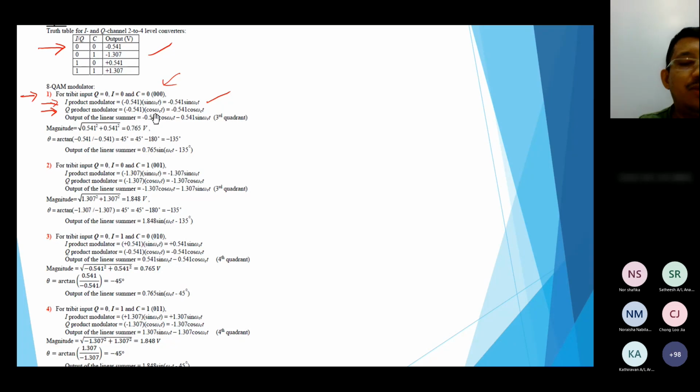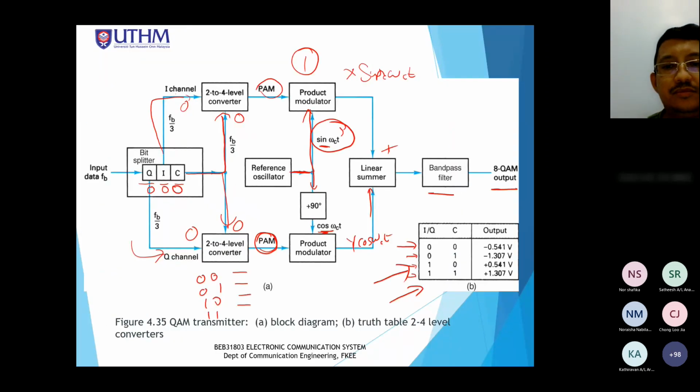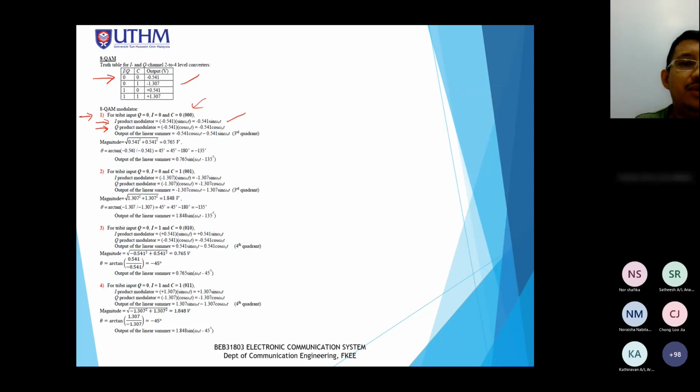Q channel multiplied with cosine. So what is cosine? If we look, cosine is this one. We multiplied with cosine for the second product modulator, so we get negative 0.541 cos omega ct.